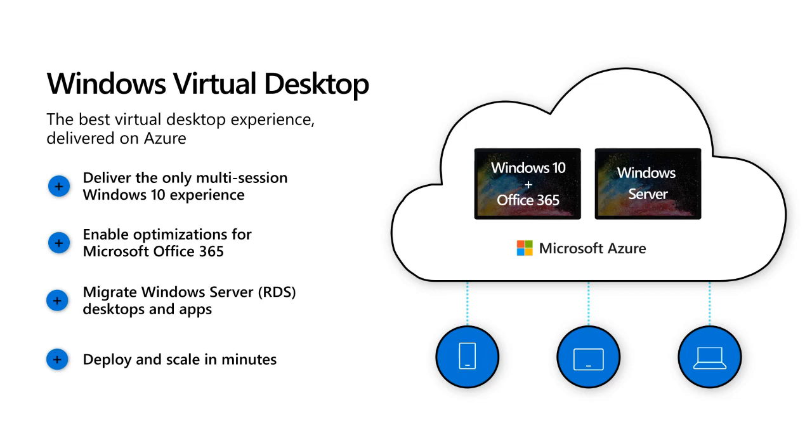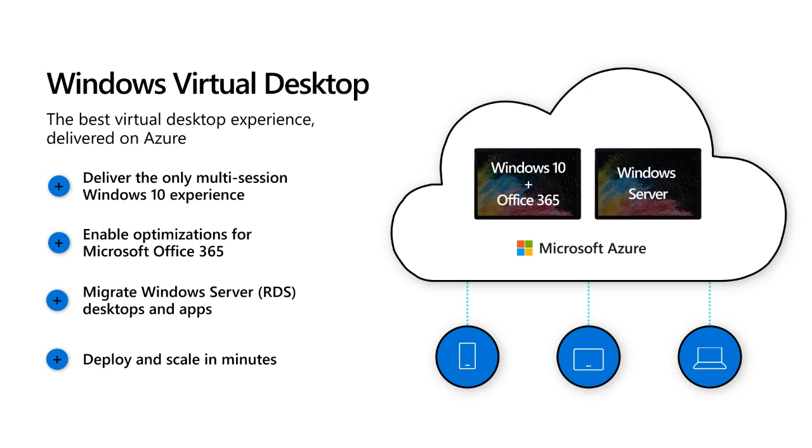Now, WVD, which is Windows Virtual Desktop, we'll call it WVD as a short form. WVD also enables the optimization for Office 365. So if you are using Office 365 like Outlook, OneDrive for Business, you can also optimize these applications to run in WVD.